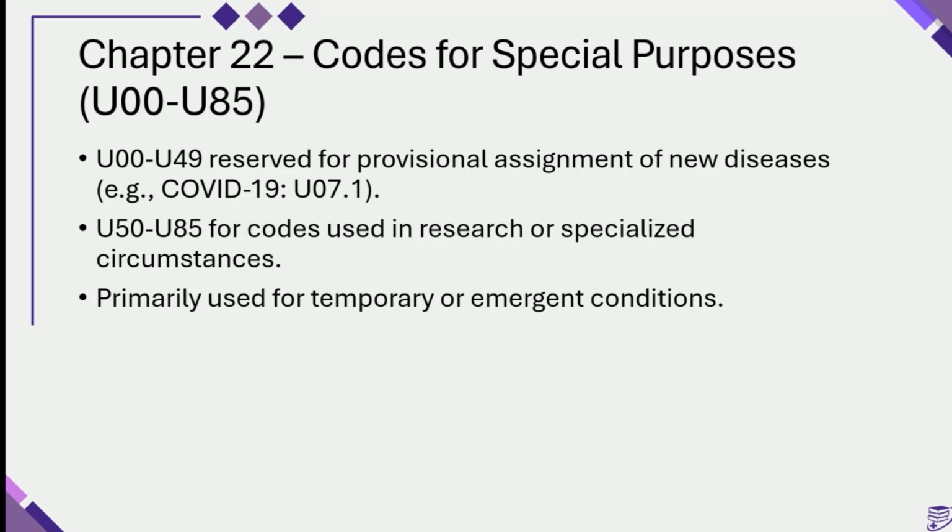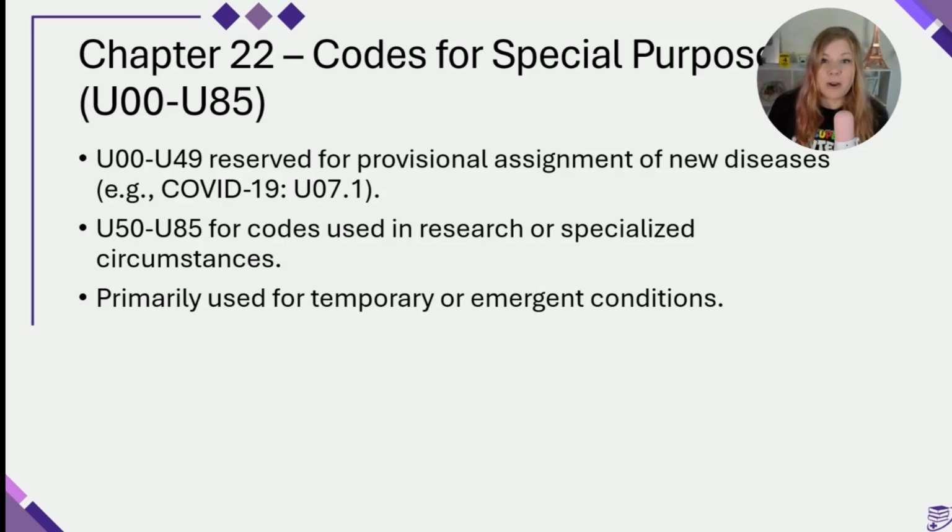So, for example, our COVID-19 code is U07.1, and that was introduced as an emergency measure to identify and track that virus that emerged during the pandemic. And these codes also cover new emerging conditions that don't yet have a permanent classification in ICD-10-CM. Commonly, you don't see them on the CPC exam, but you might.